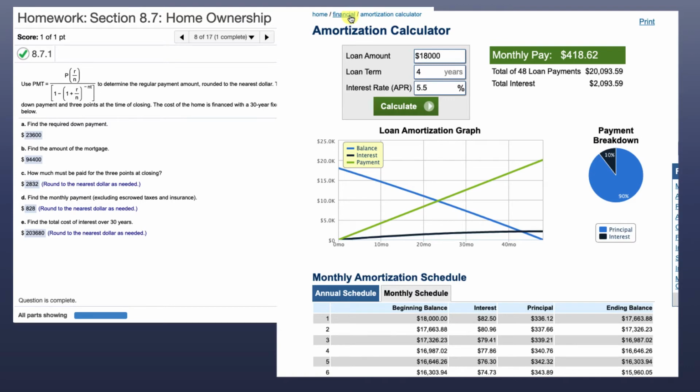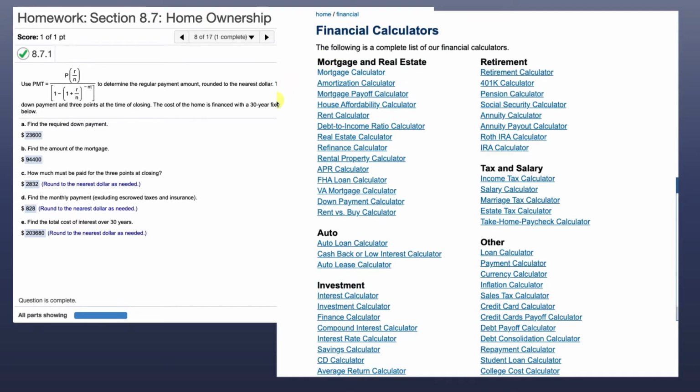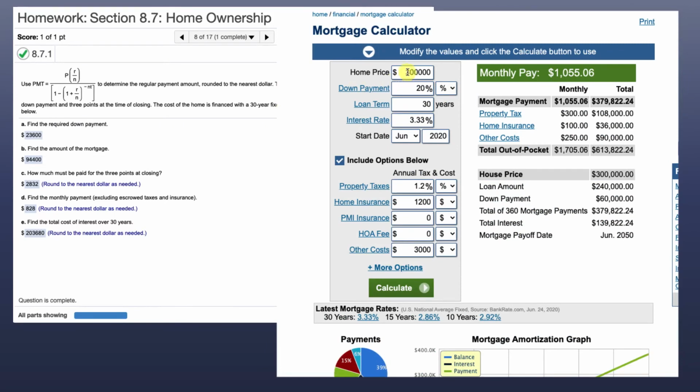Okay. But I'm going to go back and I'm going to try this mortgage calculator. So my home price was $118,000, and so this calculator is nice. It actually lets you put in the down payment. So our down payment was 20%. Loan term 30 years. Interest rate 10%.